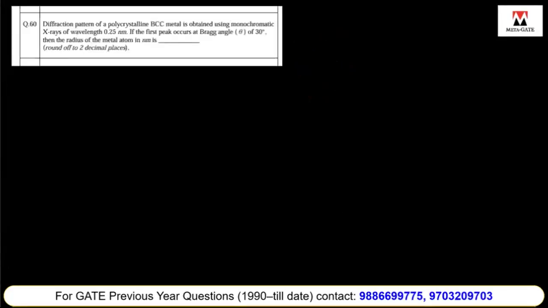The diffraction pattern of a polycrystalline BCC metal is obtained using monochromatic X-rays. The X-ray wavelength is given as 0.25 nanometers. If the first peak is at Bragg's angle theta equal to 30 degrees, then find the radius of the metal in nanometers.